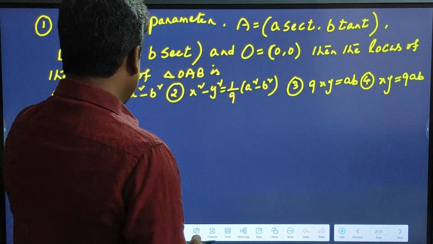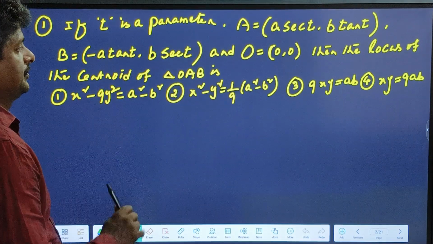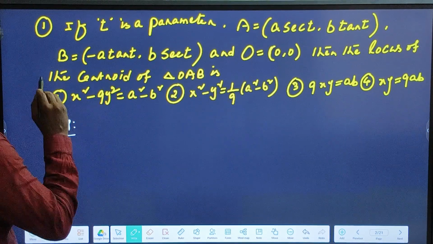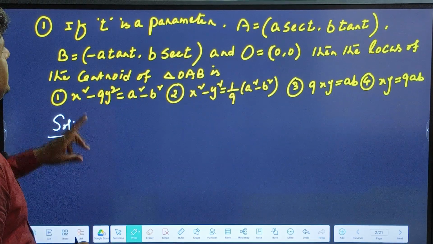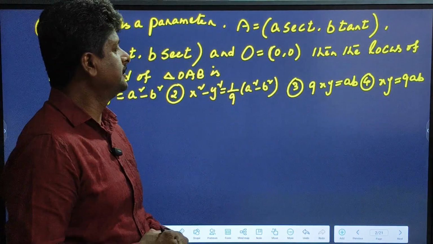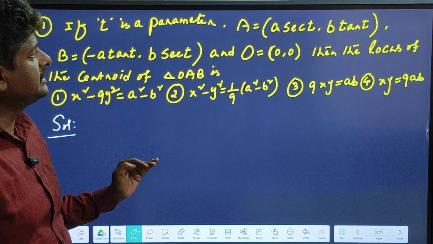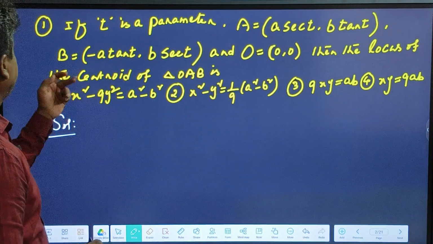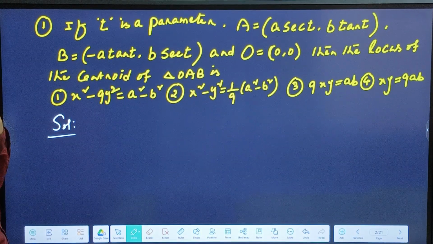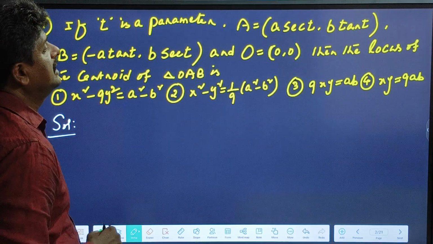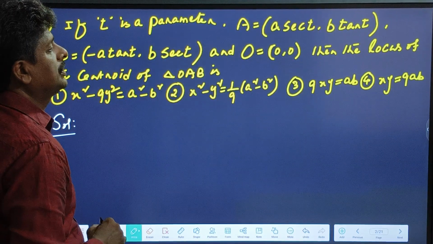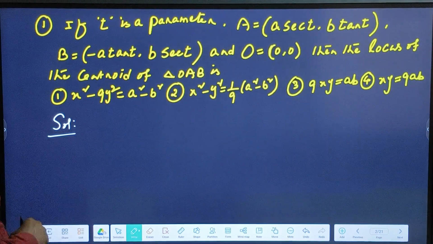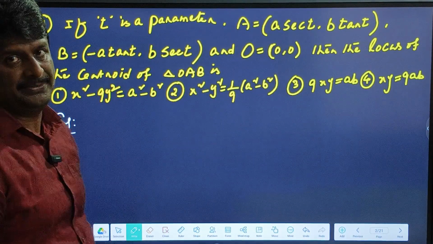Okay, let's go to the first question. In the first question, do observe that if t is a parameter, capital A is equal to a sec t comma b tan t, capital B is equal to minus a tan t comma b sec t, and O is equal to 0 comma 0, then the locus of the centroid of triangle ABC.